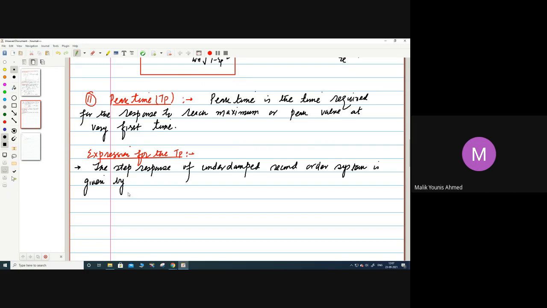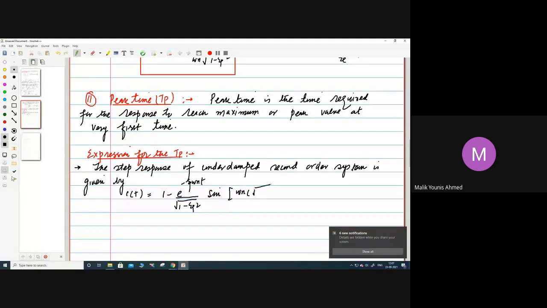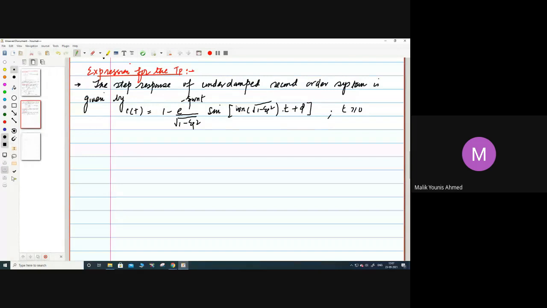C of t equals 1 minus e raised to the power minus xi omega n t divided by under root of 1 minus xi square into sine of omega n under root of 1 minus xi square into t plus phi, and we know this expression is valid for t greater than or equal to 0.